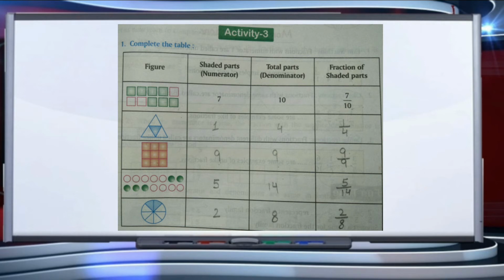Next we are having balls. 14 balls are there in total, and 5 are colored out of that. That means the shaded part, numerator, is 5 and denominator is 14 total parts. That means the fraction will become 5 by 14. In the last we are having a circle divided into 8 parts, out of which 2 are shaded.